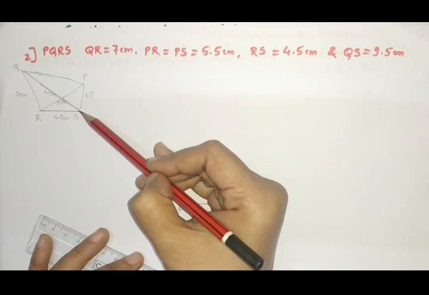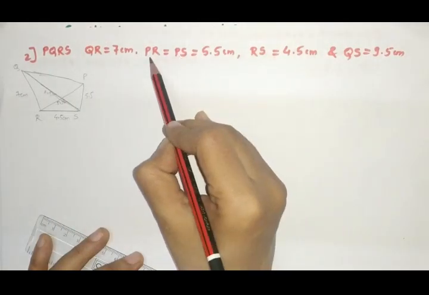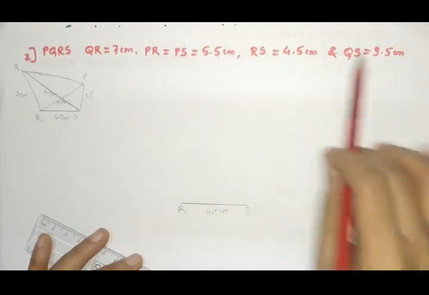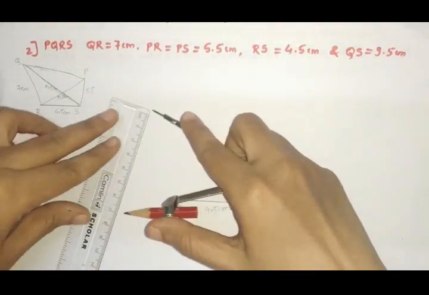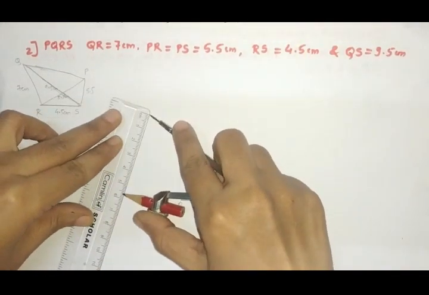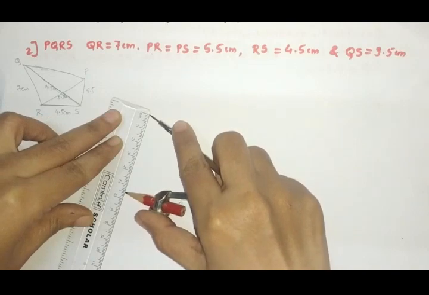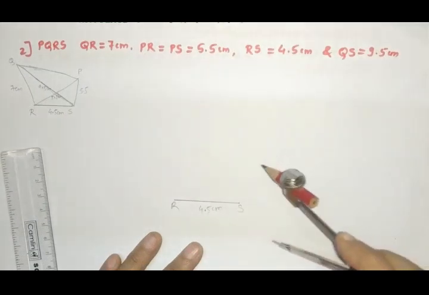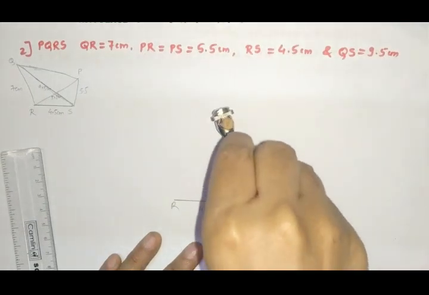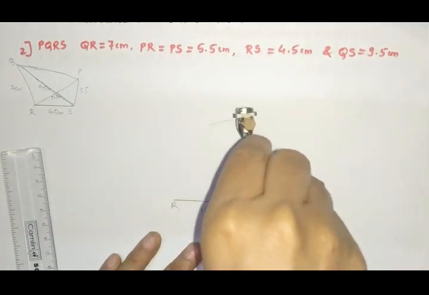Then the sides PS and PR are given. They both are 5.5. So first of all, take 5.5 measurement here. With S as a center, you cut one arc.